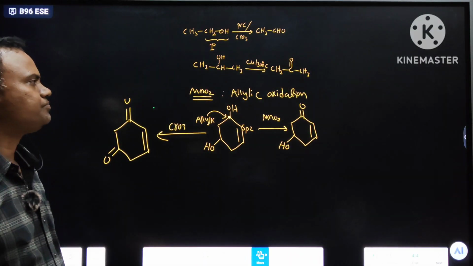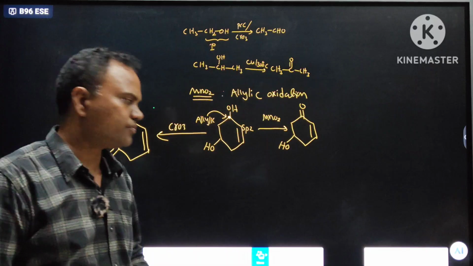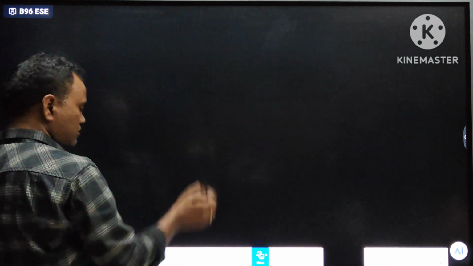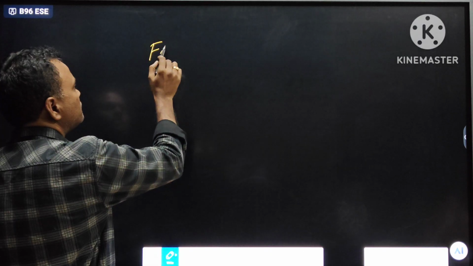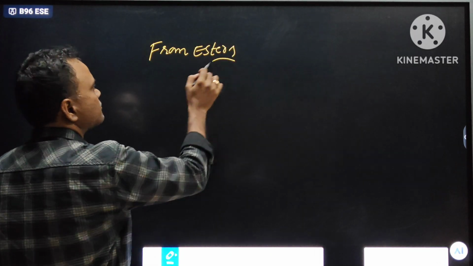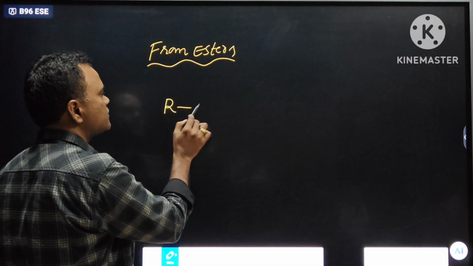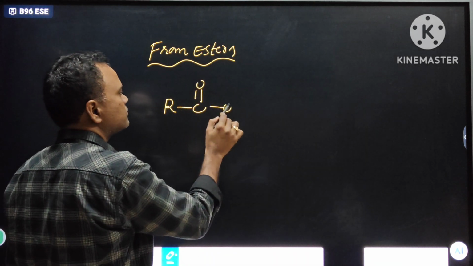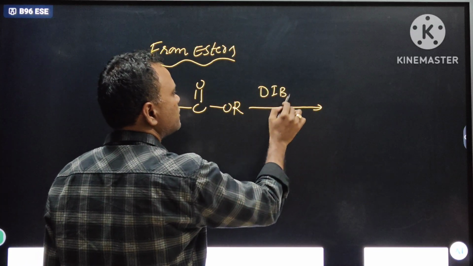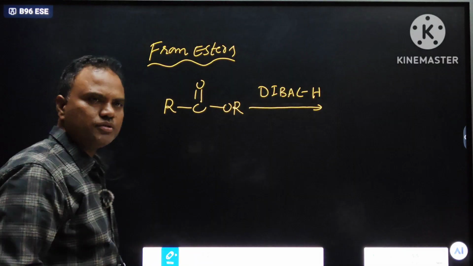Right, next, preparation of carbonyls from esters. How to prepare? Any idea how to prepare from esters? See, ester when treated with DIBAL-H, diisobutylaluminium hydride. Very simple preparation method this is.